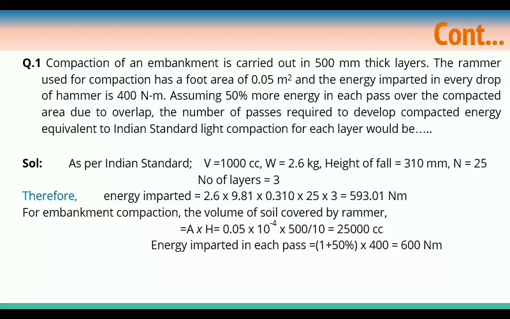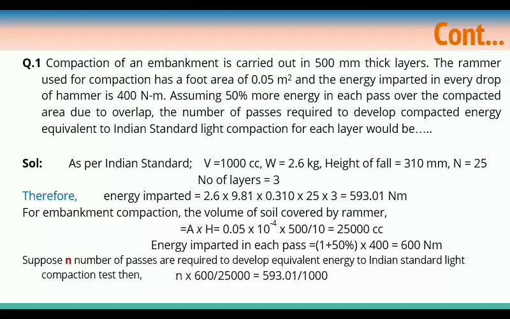We get 600 Newton meter, because 50% extra energy is due to the overlap. So what is the meaning of this? 600 Newton meter of energy is required to compact 25,000 cc. So we can compare this embankment compaction with the compaction due to the Indian standard.